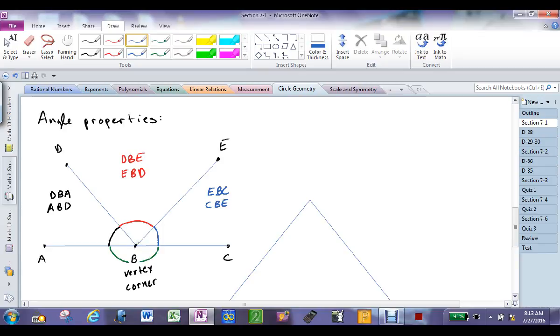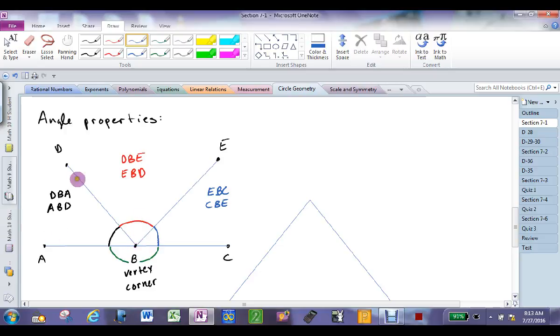Alright? So I put my line right along there, and I put the dot in the middle right on B. Does everybody understand that? So you can't see what I'm doing, but I got the open dot, the hole on the protractor right there. And I'm going to measure ABD.